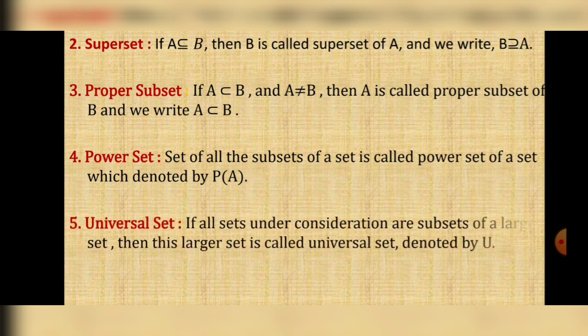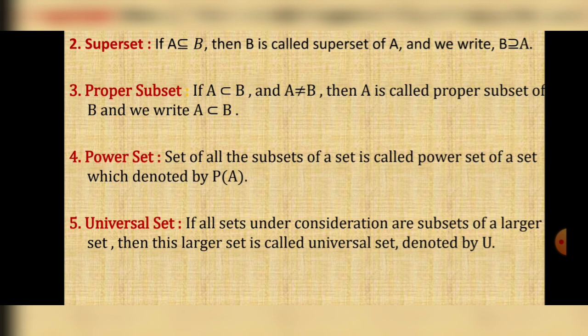The next, universal set. If all sets under consideration are subsets of a large set, then this large set is called the universal set and it is denoted by U. So students, here the universal set is not a fixed set.